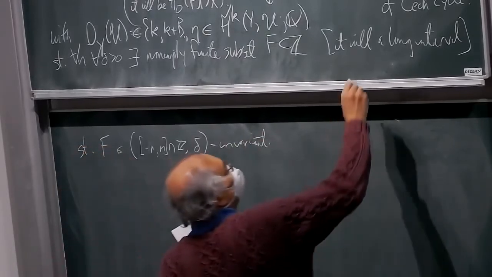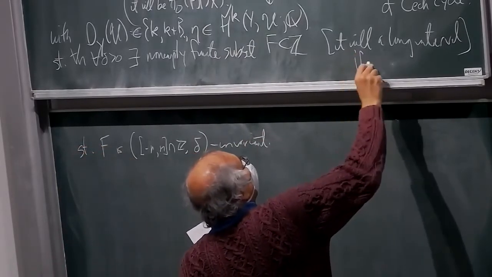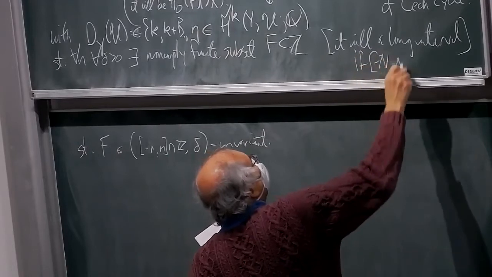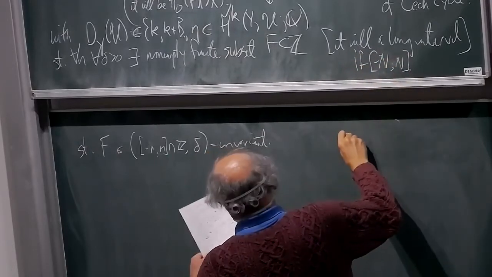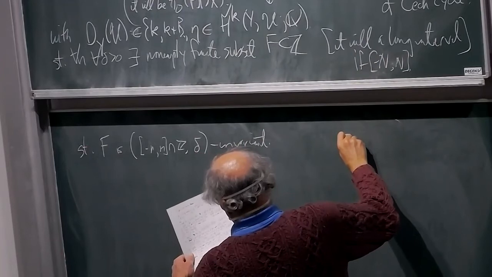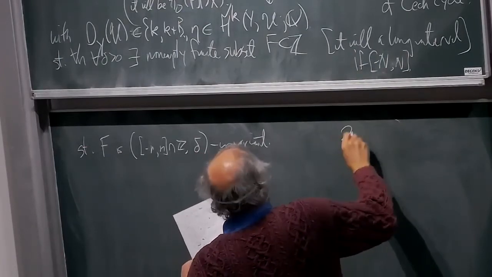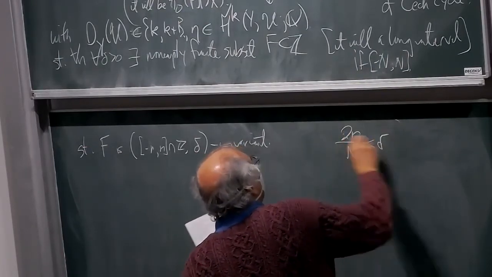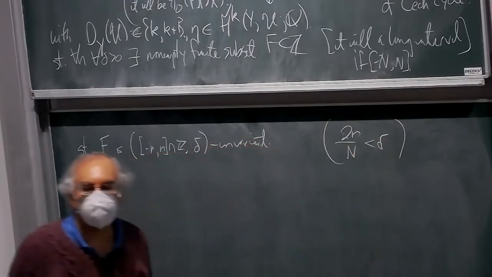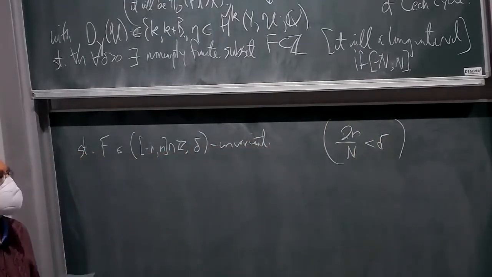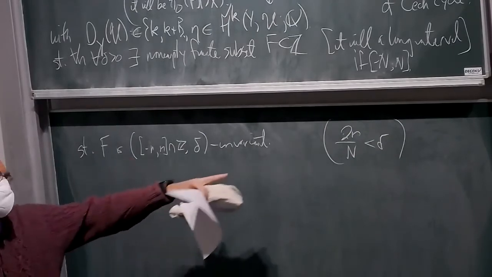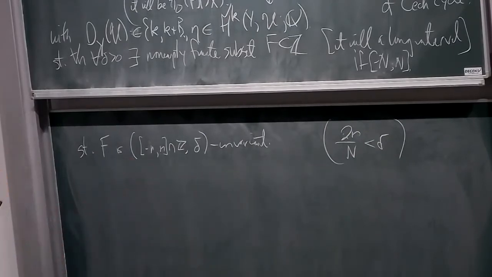And so if it is minus n to n, then this means just that, what did I get? I ended up with 2n over capital N is less than delta. I won't write down the definition of this, but that's what it is in the cases of interest.